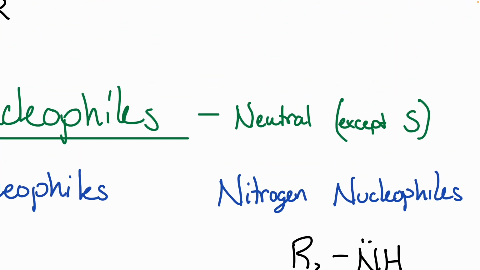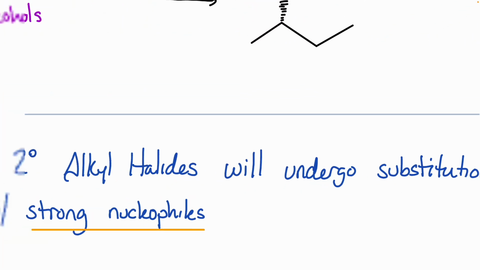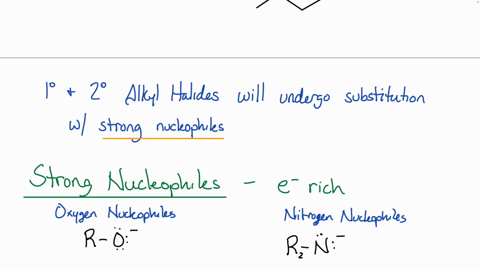All right, so as we said, alkyl halides will undergo substitution with strong nucleophiles, and we're going to remind ourselves these are SN2 mechanisms.